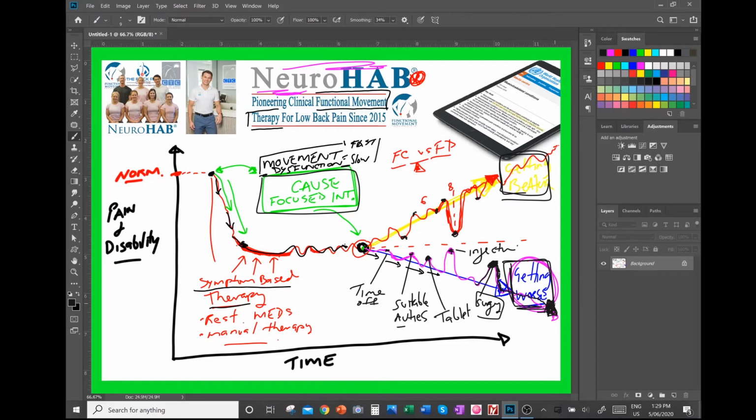And then likewise, if you're on the getting worse trend line, these little moments of feeling better are very misleading, because you're not really getting better. You've just engaged in another symptom-based intervention, and you eventually run out, and the symptom-based interventions eventually don't work.